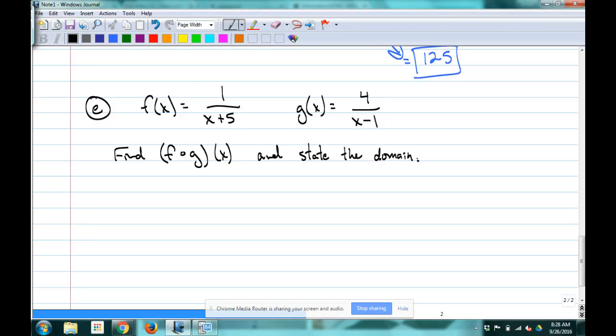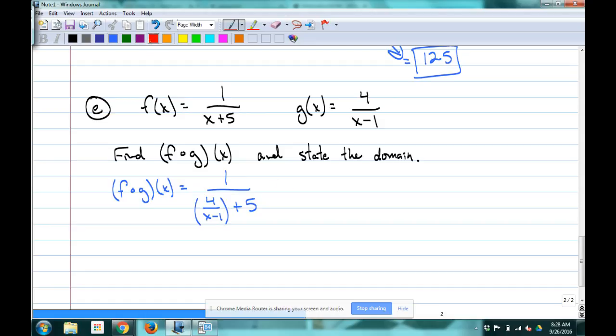All right, so let's work out f composed with g. So that means we're taking the g of x function and putting it into the f of x function, right? So 1 over 4 over x minus 1 plus 5.